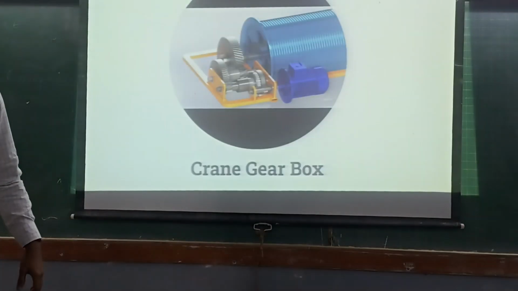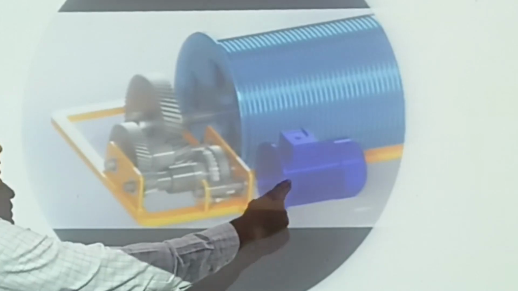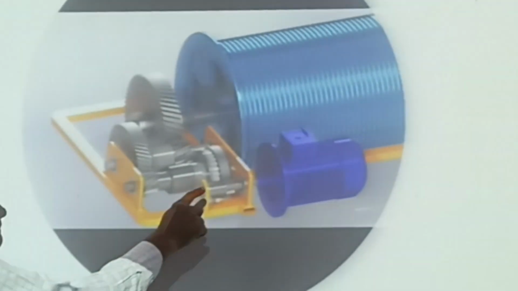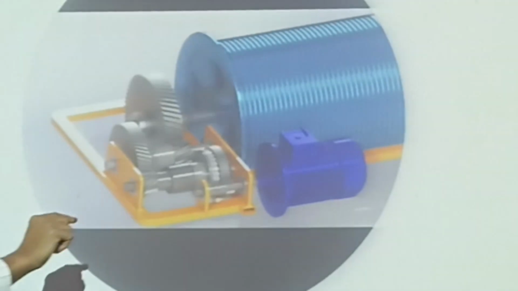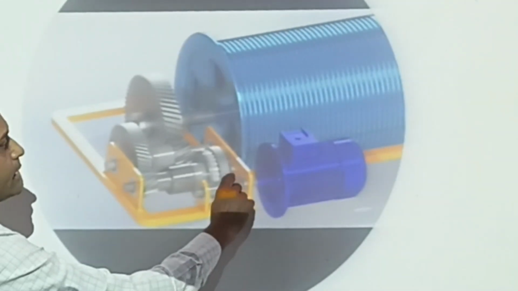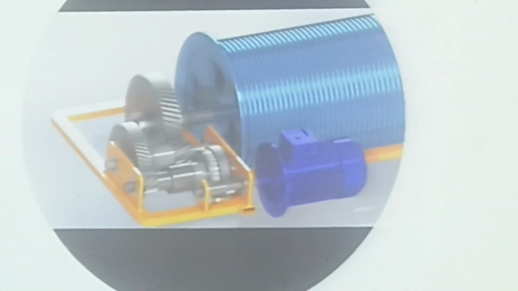Then you can see here, this is kind of gearbox. Motor here. Can you identify there is a small gear here? So there is a small gear here. In contact with small gear, there is a large gear. So when a small gear engages with large gear, we achieve speed reduction.